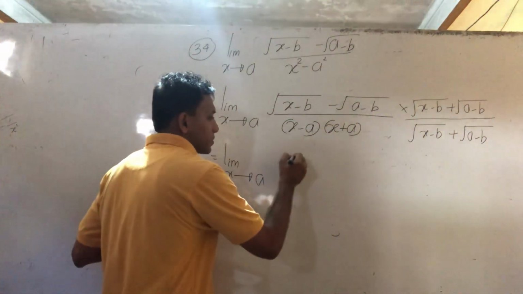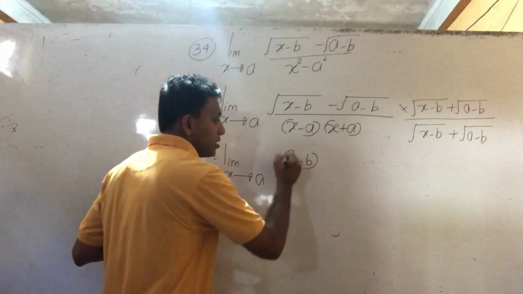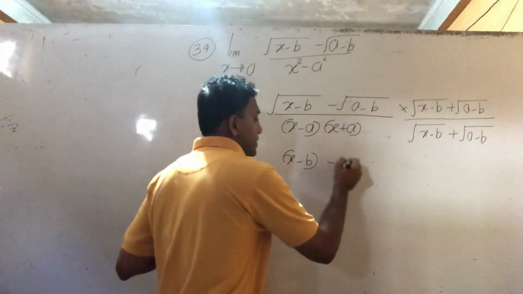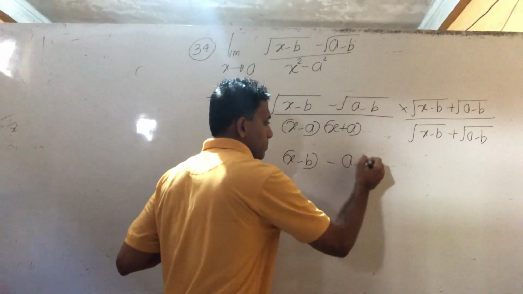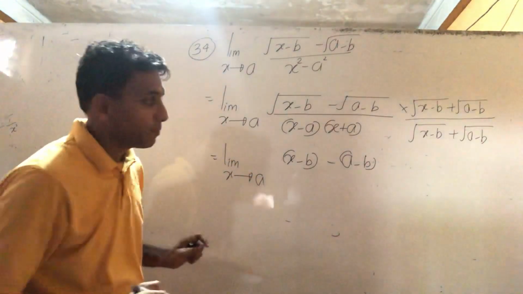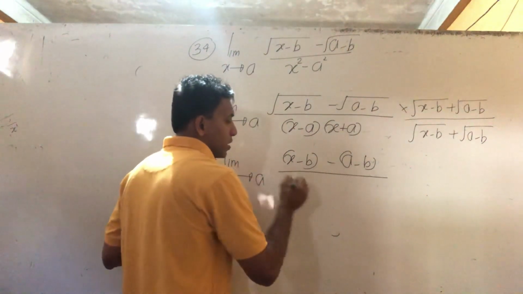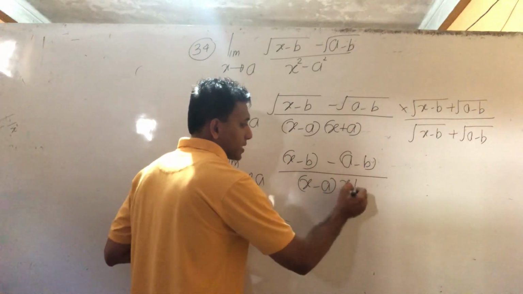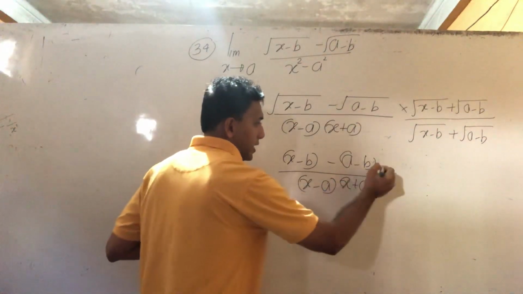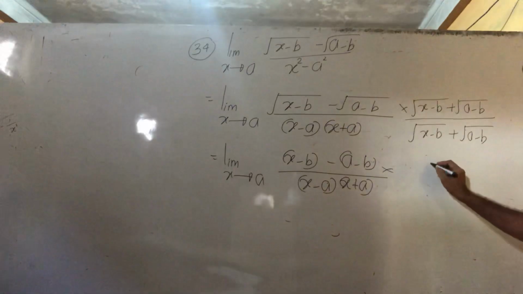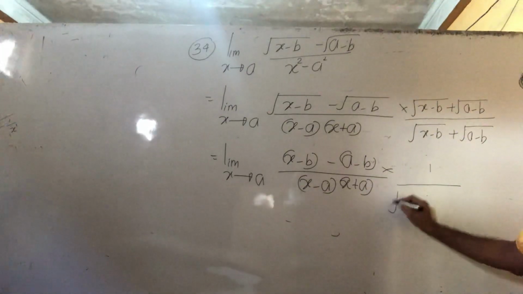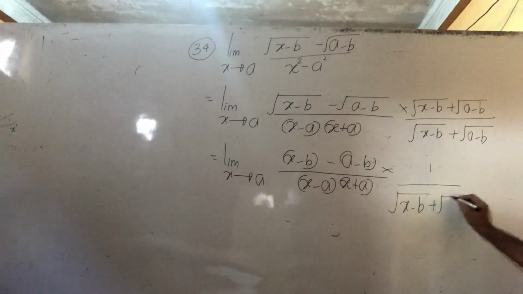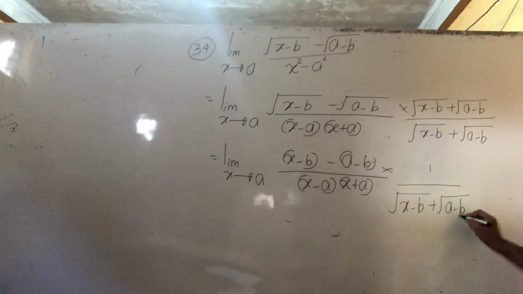Therefore that is x minus b, the square roots vanish, minus (a minus b), over (x minus a)(x plus a) into 1 over the square root of (x minus b) plus the square root of (a minus b).